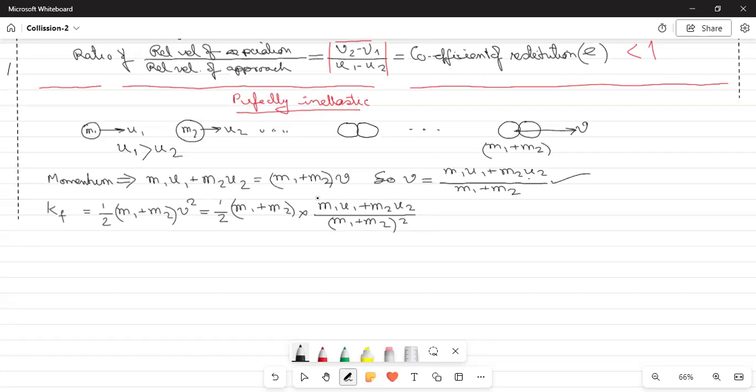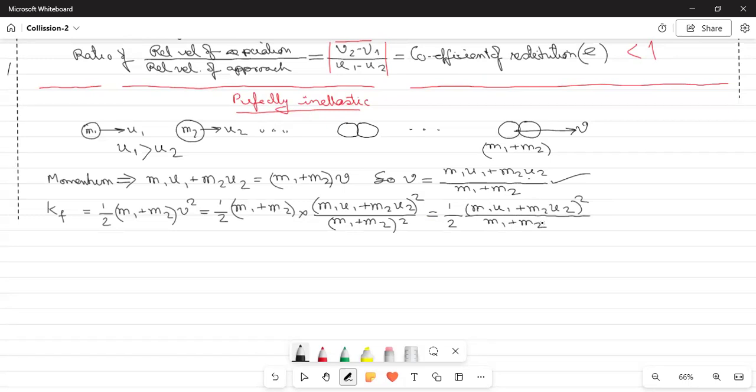This denominator is also squared, numerator is also squared. This is equal to half of M1 U1 plus M2 U2 whole square divided by M1 plus M2.